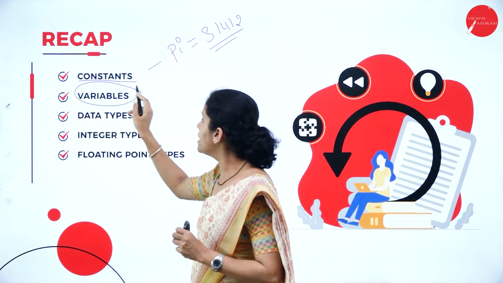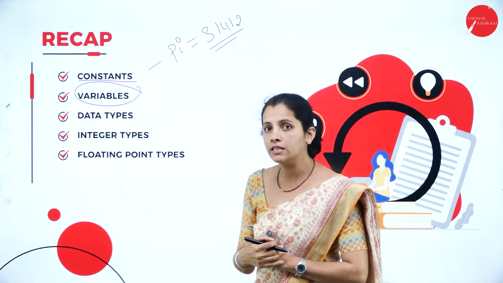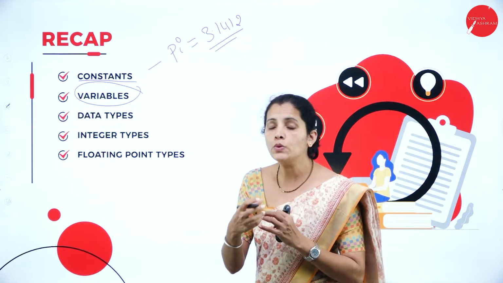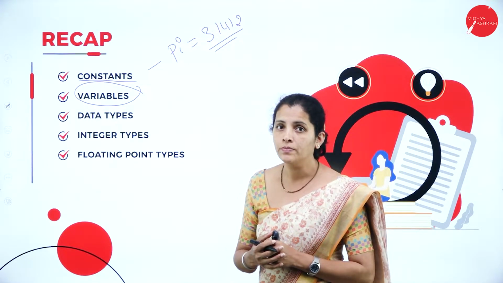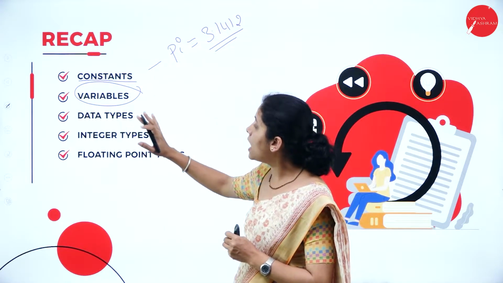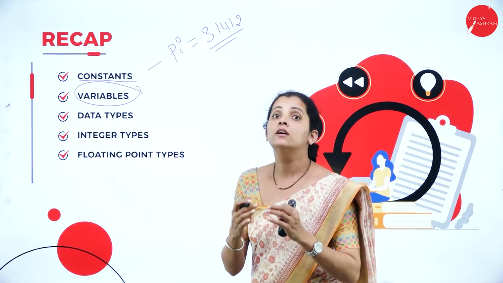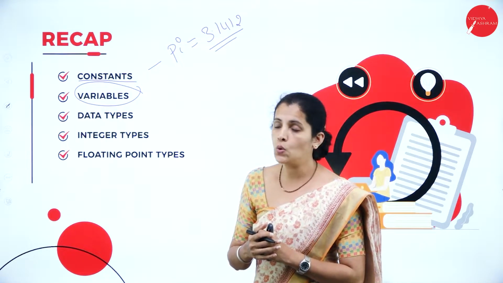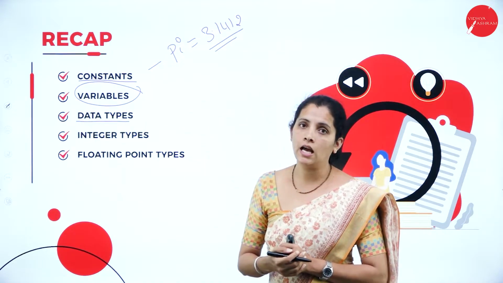Now, variable. So, what is variable? As the name itself suggests, the value can vary according to the user's needs. So, here variables are mainly used to represent where the data is stored. And I have discussed data types.